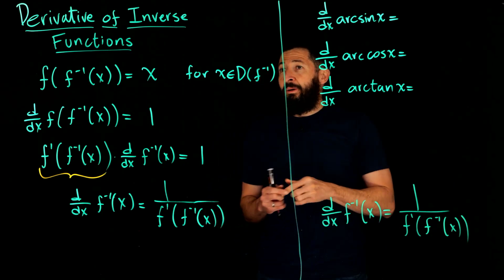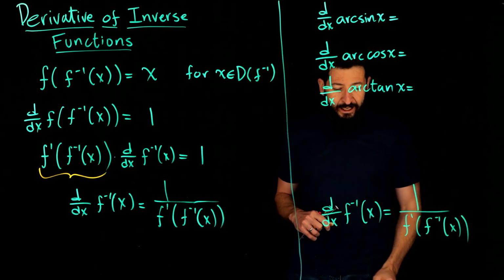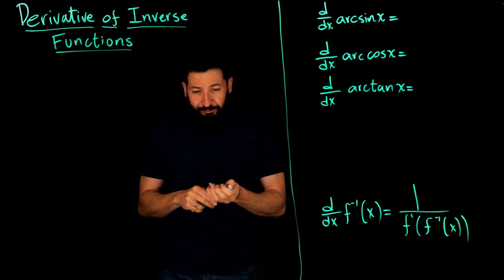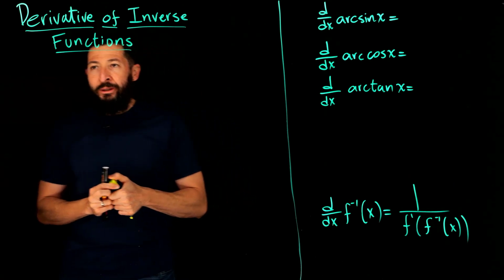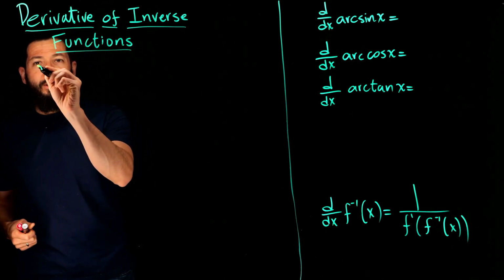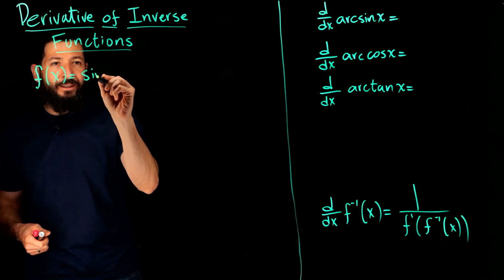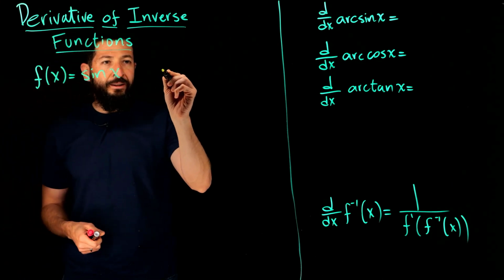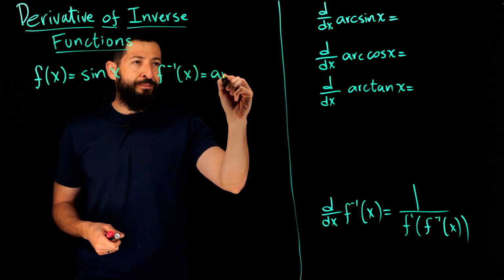All right, so let me erase this now that we have it, and we'll compute these derivatives in a minute. Let's go ahead and compute the derivative of the arcsine. So what do we need? Let's write down our functions. We're going to pick f of x to be the sine, so that the inverse function will be the arcsine.